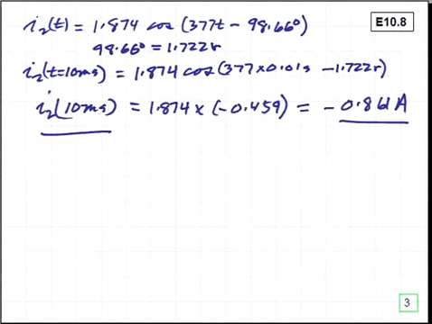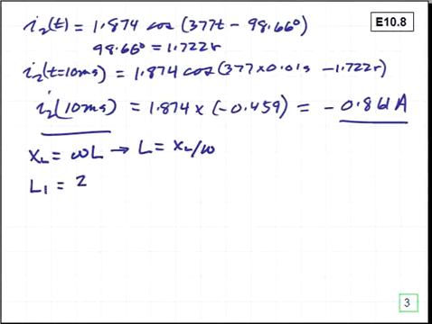Now we'll need to know the inductance values and the mutual inductance value. We have the expression for the reactance of an inductor is equal to omega times the inductance, and this gives us L is equal to X sub L divided by omega. So the L1 value will be 2 ohms divided by omega, which is equal to 2 ohms divided by 377 radians per second, which is equal to 5.305 millihenries.